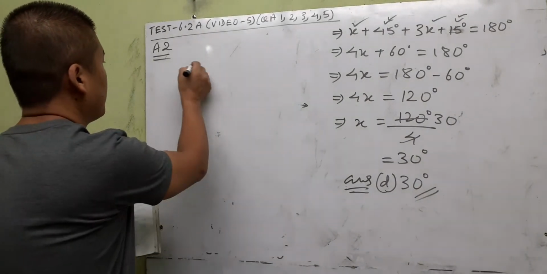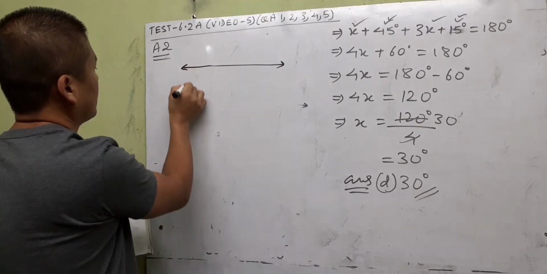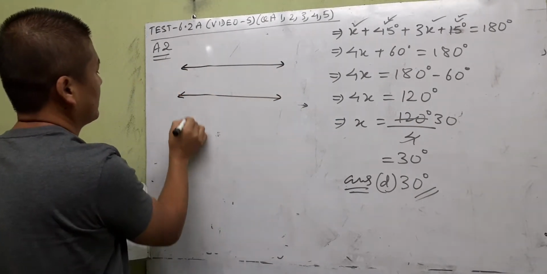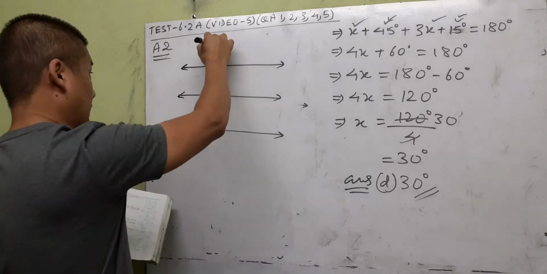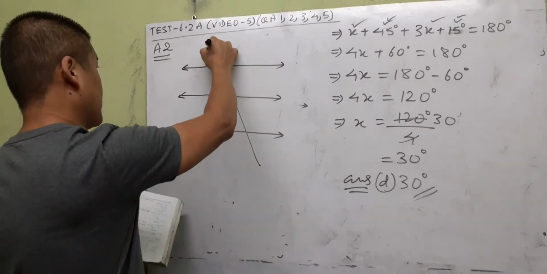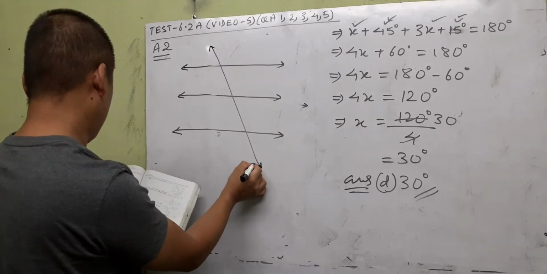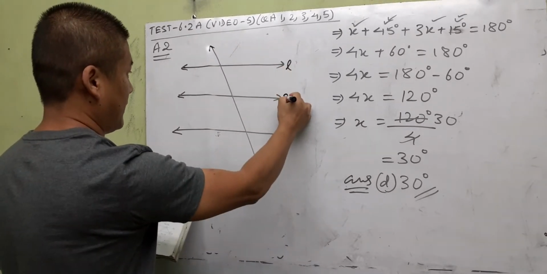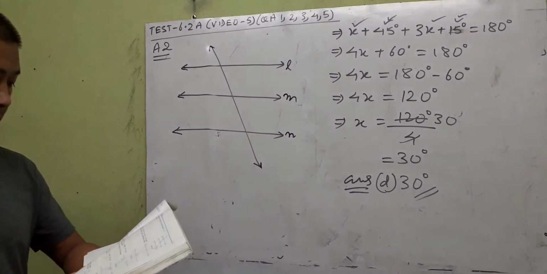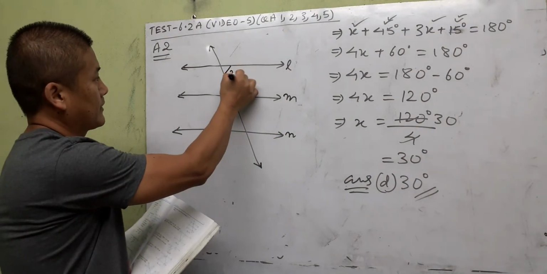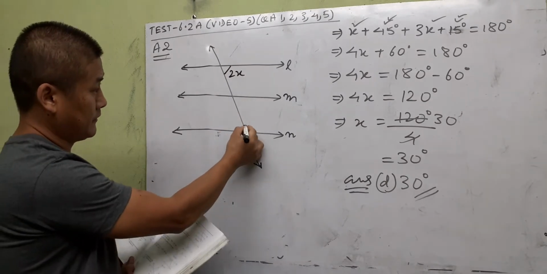So let's draw the diagram. One line is given, two lines are given, three lines are given. And these three lines are cut by a transversal in this manner. The line here is L, this is M, and this is denoted by small n, the whole line. Then this value is given as 2x, and this value is given as 4x.